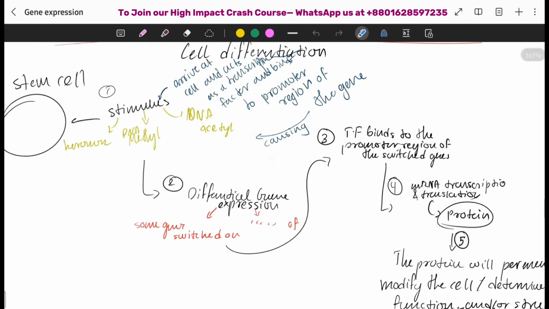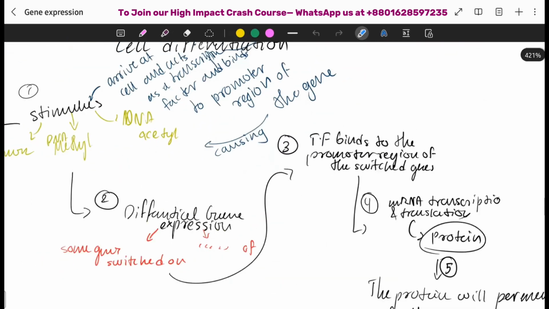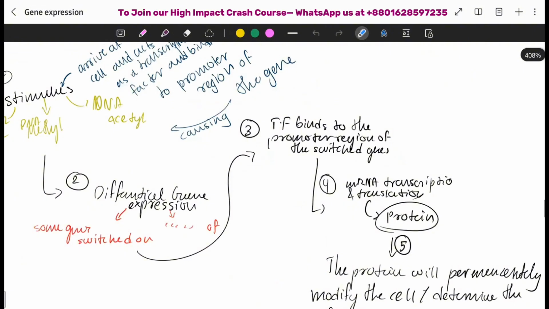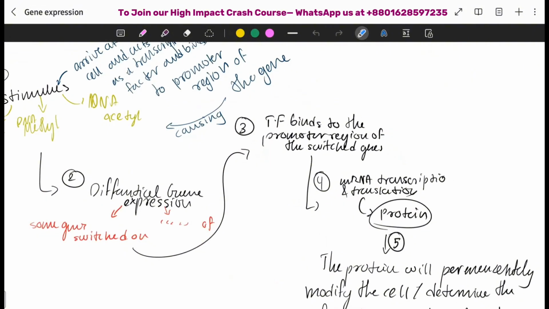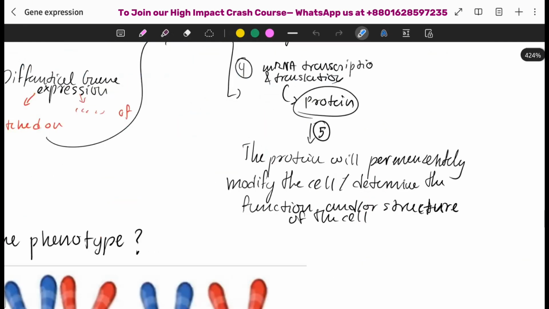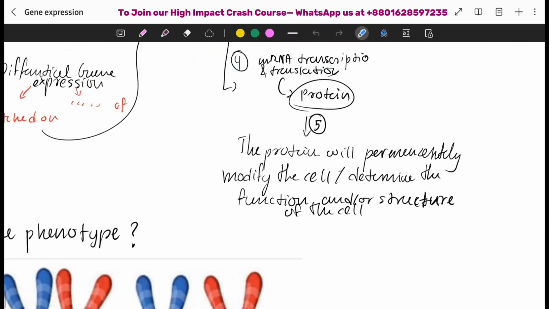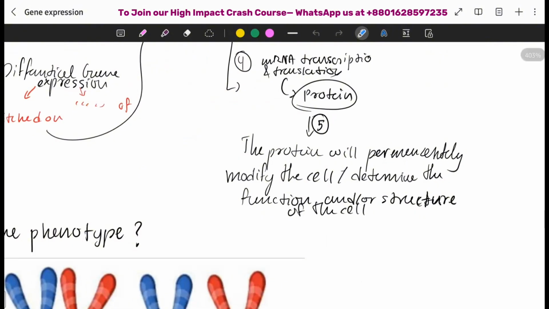Then mRNA transcription will occur, then translation, and the protein will form. The protein will permanently modify the cell, or it can determine the function or the structure of the cell. Now we have different proteins, so that will change.